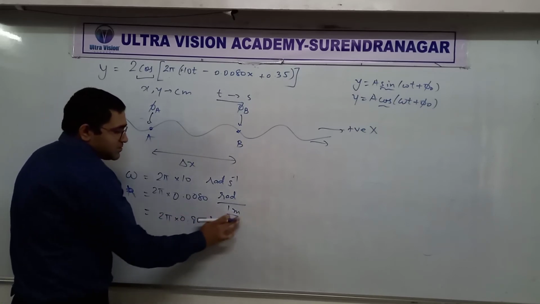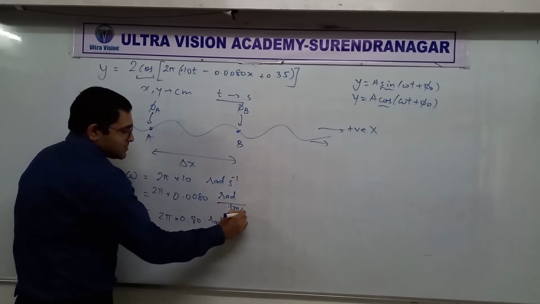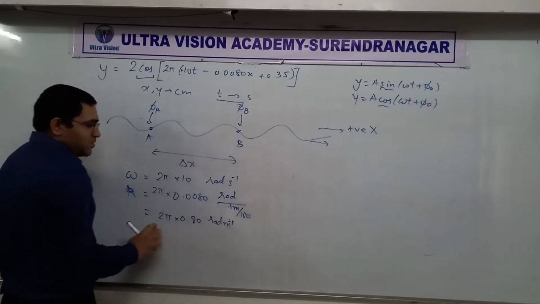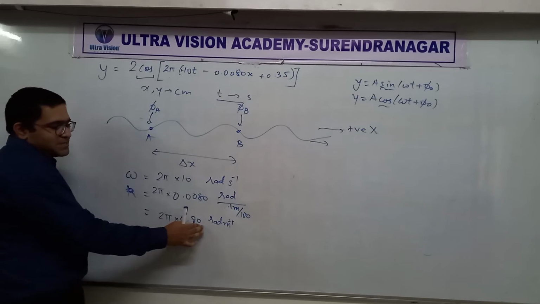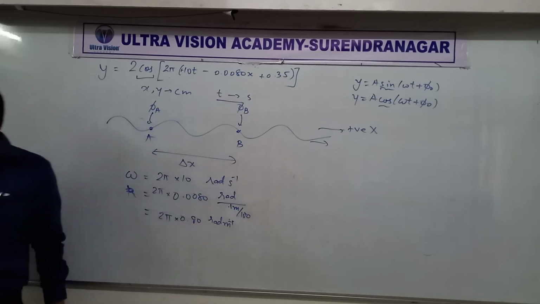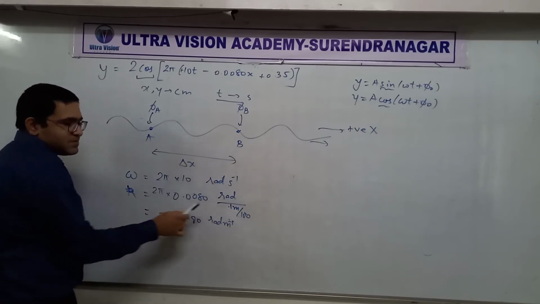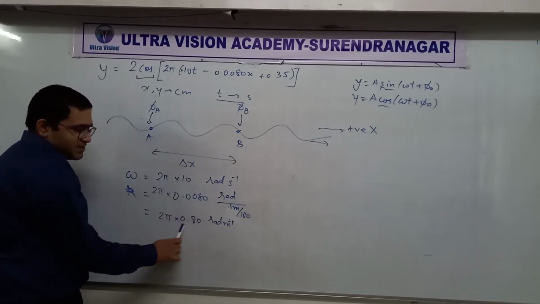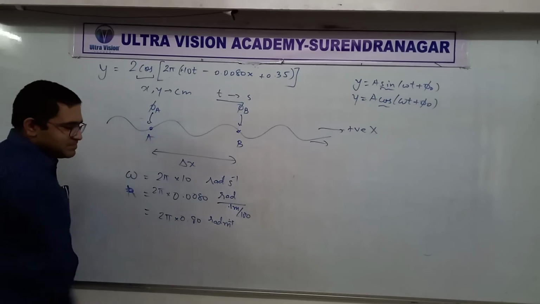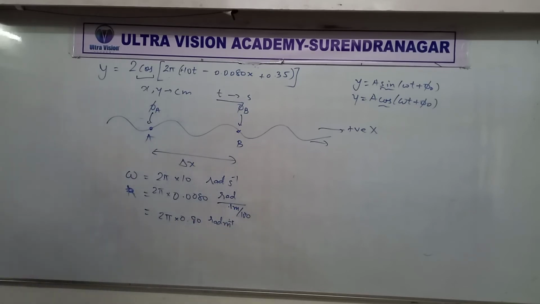Do you understand that this becomes 2 pi into 0.80 radian per meter? Why 0.80? Because that 100 got multiplied with the number. So if I multiply 100, it will become 0.80. Clear? Unit conversion clear, everyone?